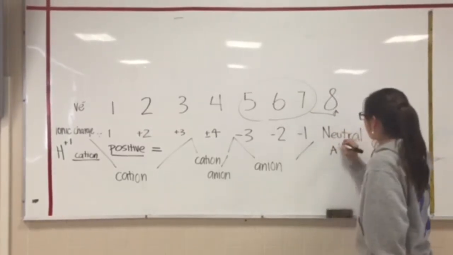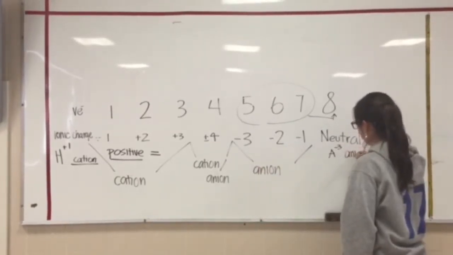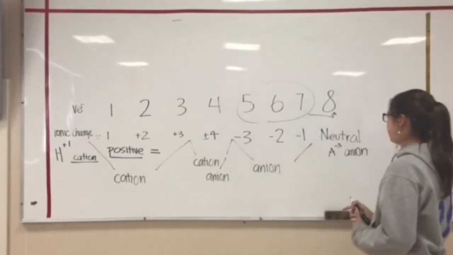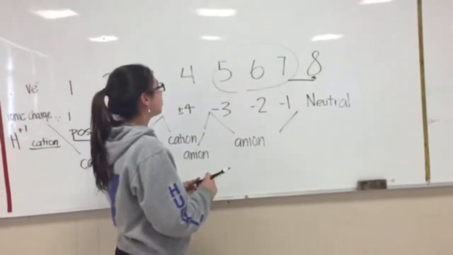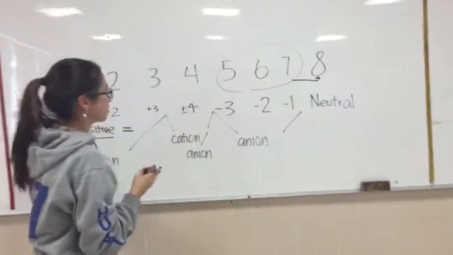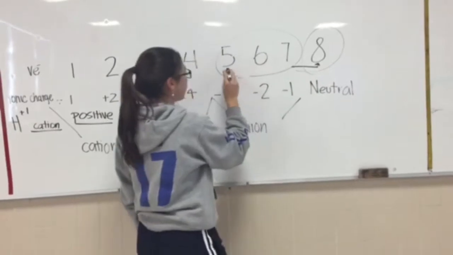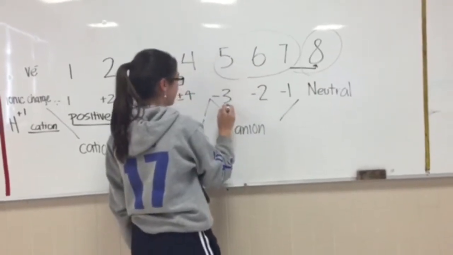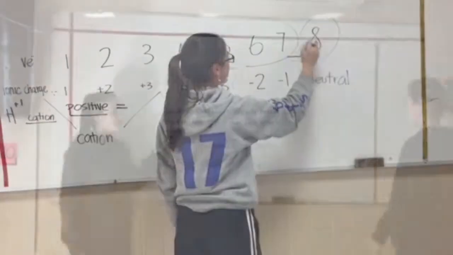This one, you will put -3 and you will write anion. And then, for all the elements that have from 5 to 7 valence electrons, the 5 needs 3 of ionic charge so it can be 8.